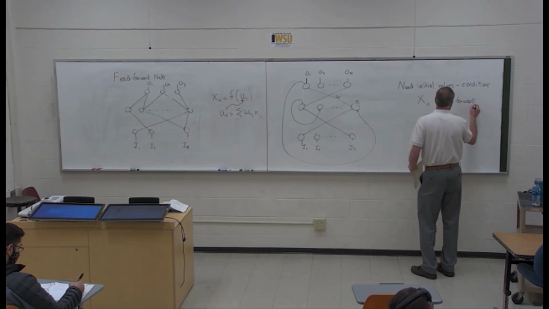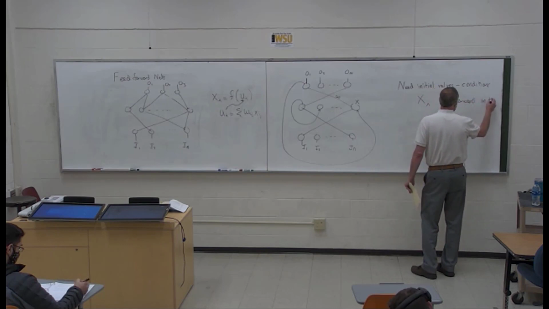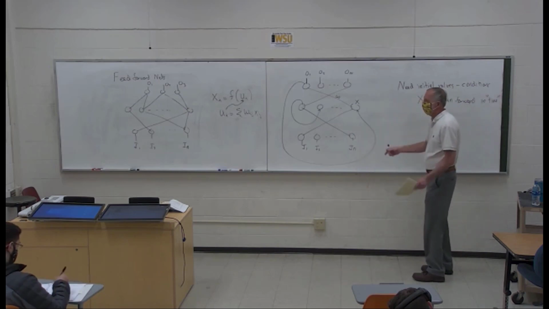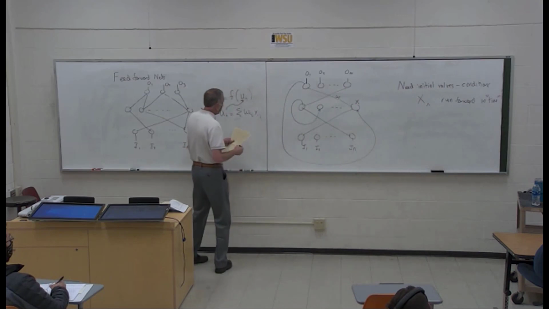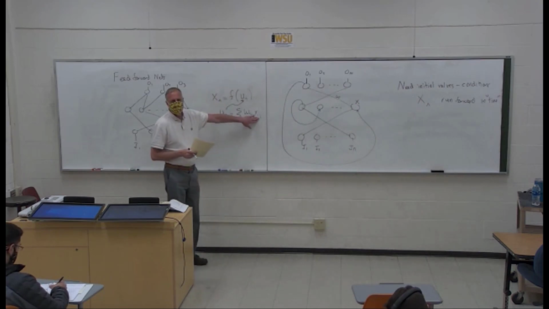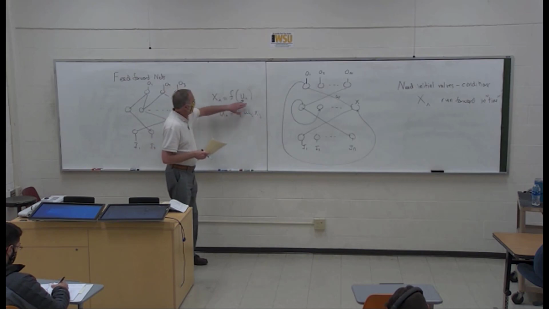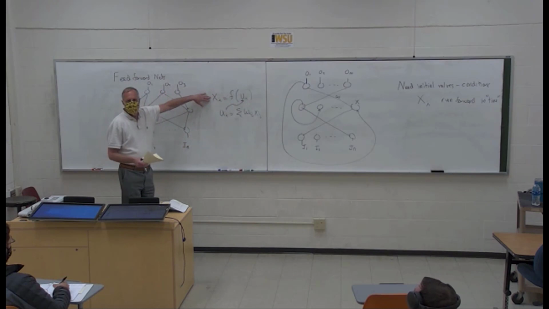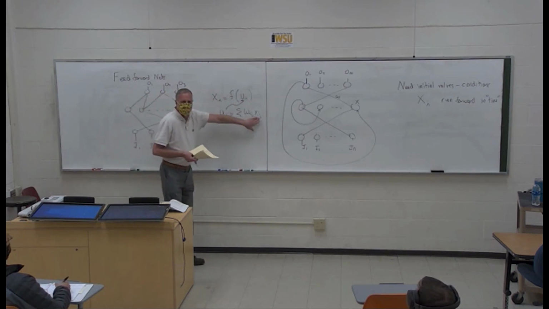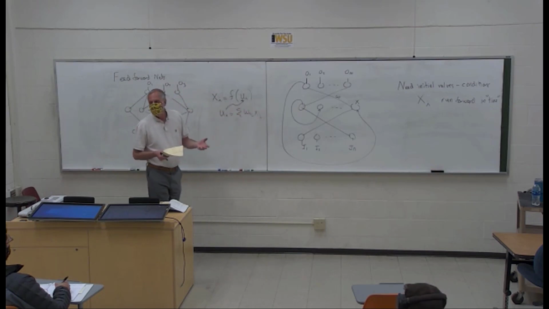If you really do it, you run forward in time. If you want to think of each time step, each time you process the new X's, you use the same formulas, it's just now you start out and you have X's as initial conditions at time 0. You calculate all the U's, put them in here, and then you get X's at the new iteration. Then you use those new X's and then go back into the formula. And so the initial conditions start you off at a certain state.